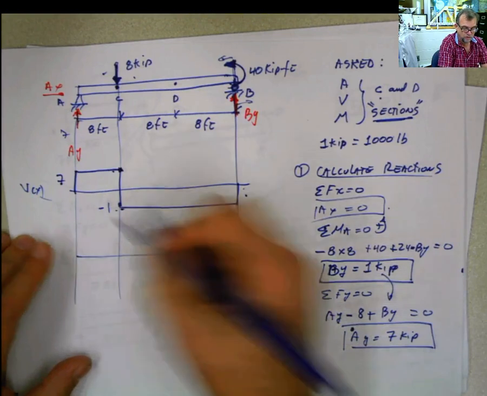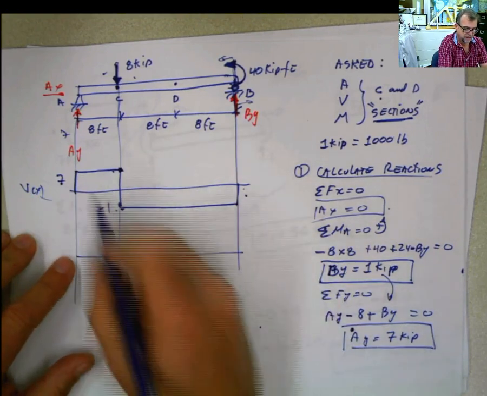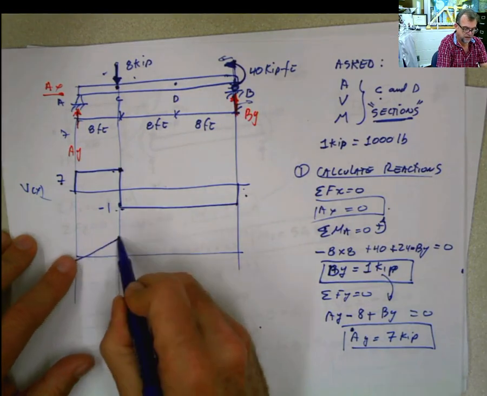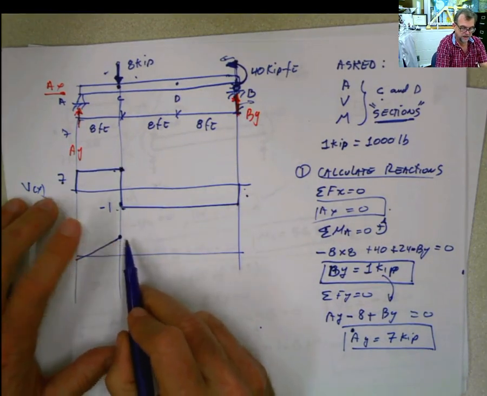And when you do the moment for this, the moment will be 7 times 8 is 56, so it's going to be something like that, 56, and it's going to continue with this 56 here in this direction.